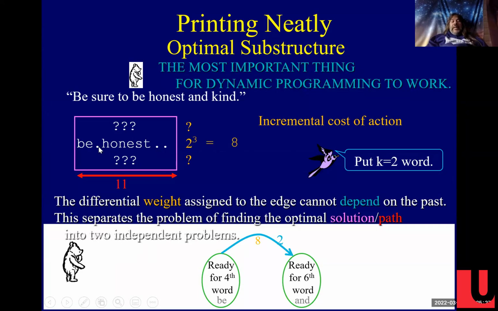If I'm ready for the 4th word, I'm ready for B, and B is going to start this new line, and I decide to put 2 words. What will the 2 words be? Well, the 4th word is be, and then the 5th word is honest. So 2 words is be honest. So I know that be honest is going to be on a line by itself. It has nothing to do with what I did in the past, and nothing to do with what I'm going to do in the future.